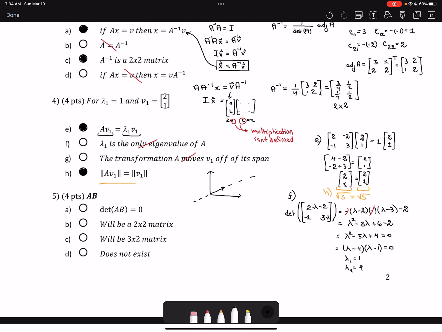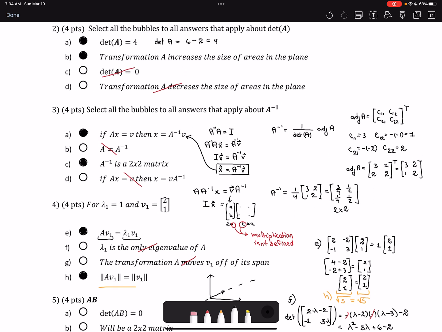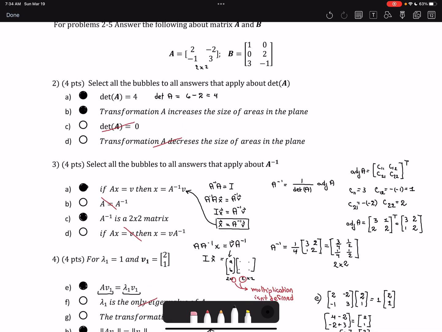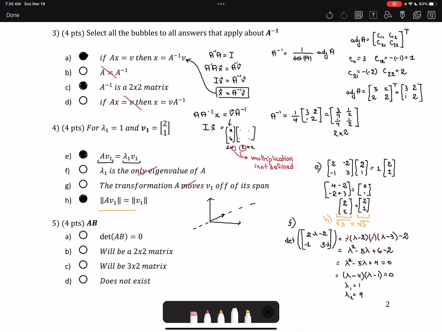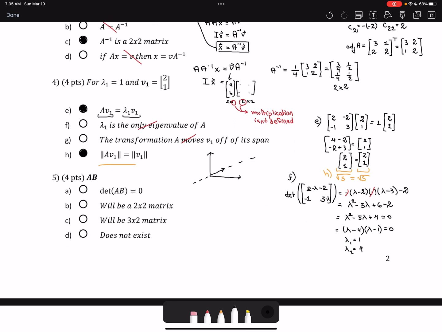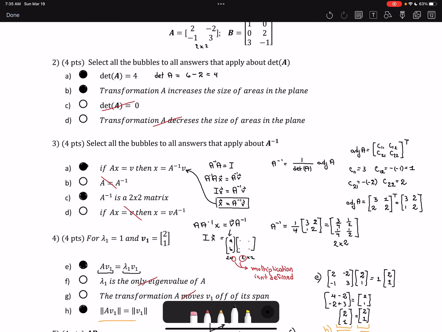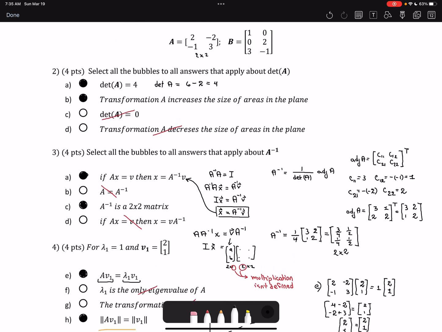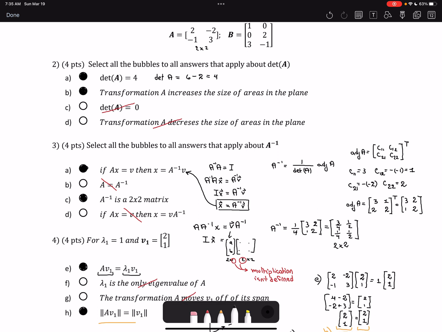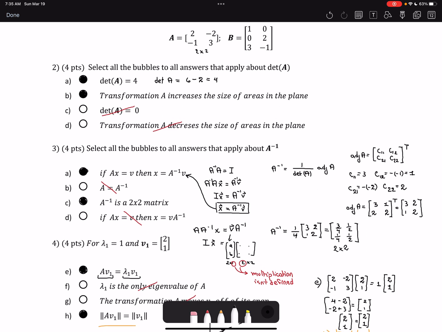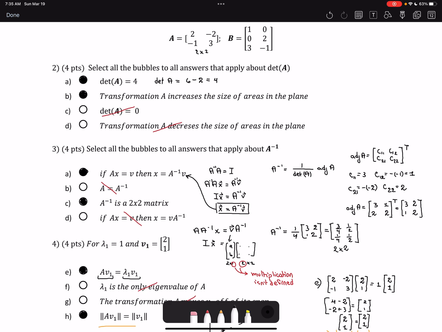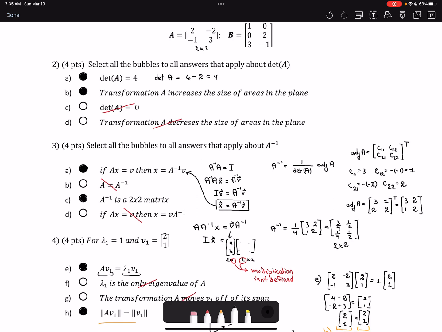Okay, and now let's look at the last one from this section where you're using the same 2 matrices. And now they're telling you to find the determinant of the product of A times B. Well, to know the product of A times B, and then find the determinant, we'd have to compute it.